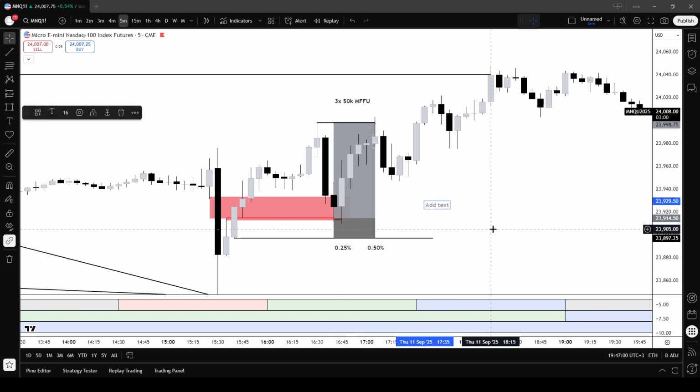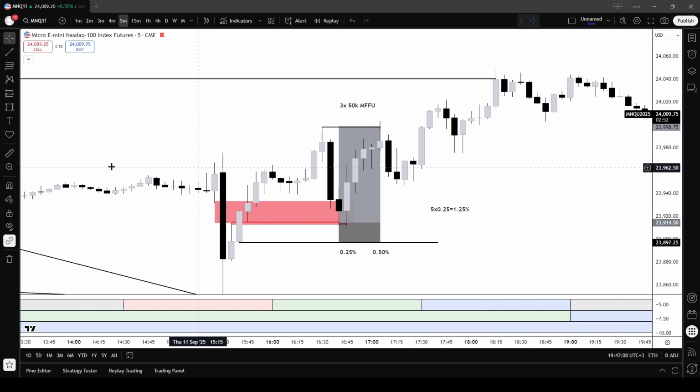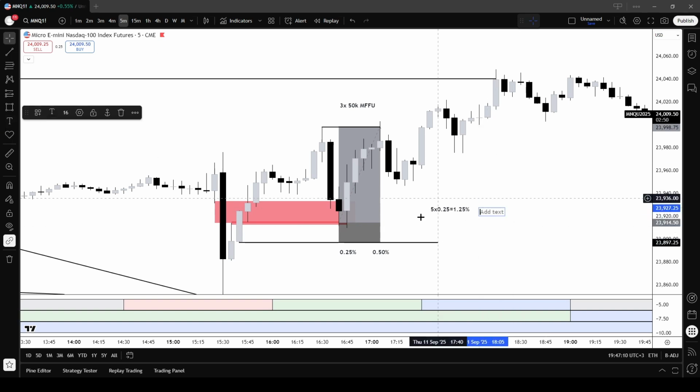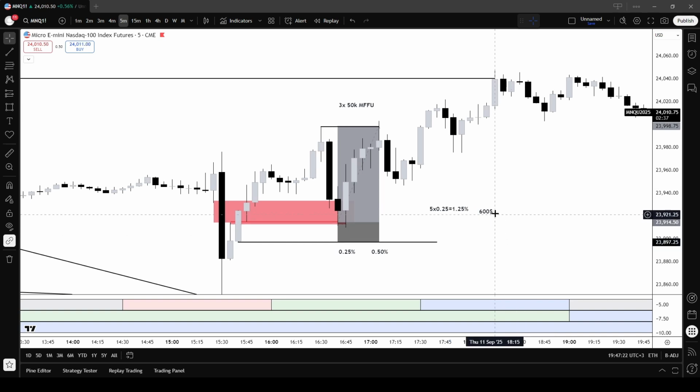So I made, let me count, I made 1.25%, which is around $600, something like that.